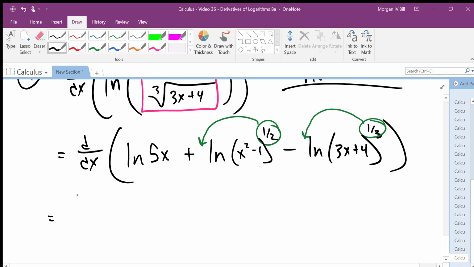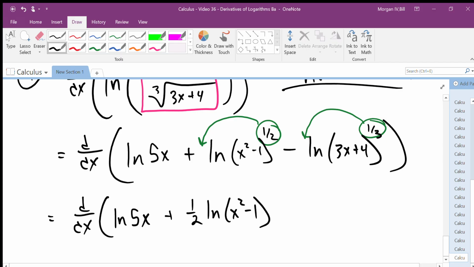So we have the derivative of natural log of 5x, which, by the way, we could actually make two separate logarithms, the natural log of 5 plus the natural log of x, if you want to. Could do that, but I'm not going to. Plus 1/2 natural log x squared minus 1. Now there's no exponent on that x squared minus 1, makes it a lot easier. Minus 1/3 natural log 3x plus 4.